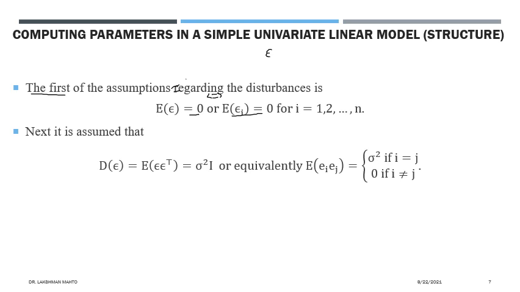But if you find the expectation of the product of the disturbance with respect to its own sample twice, the i equal to j situation, then it turns into the expectation of e square. And we have already seen that expectation of ei equal to 0. So we can write it like this: expectation of the square of ei minus 0.